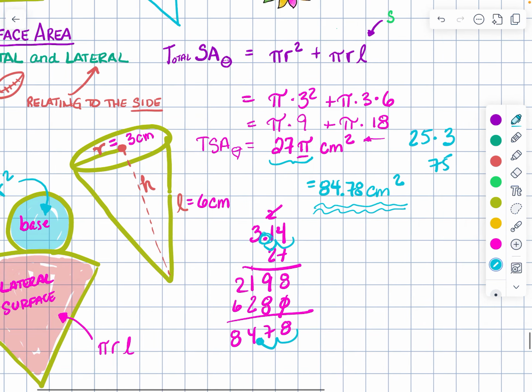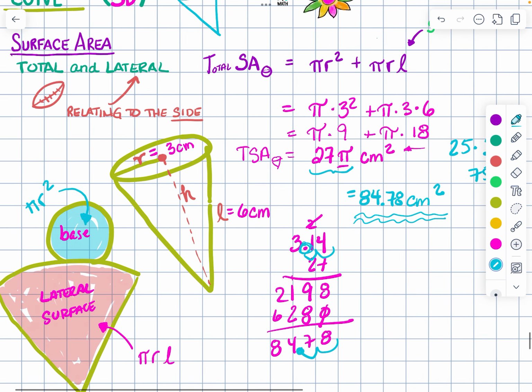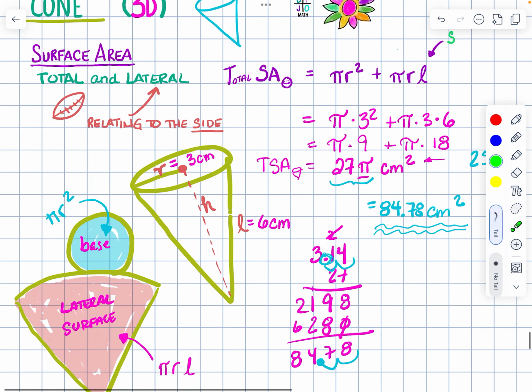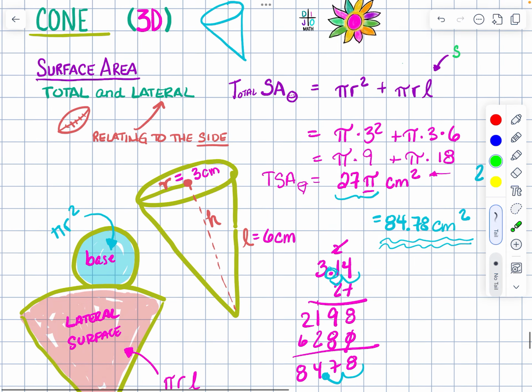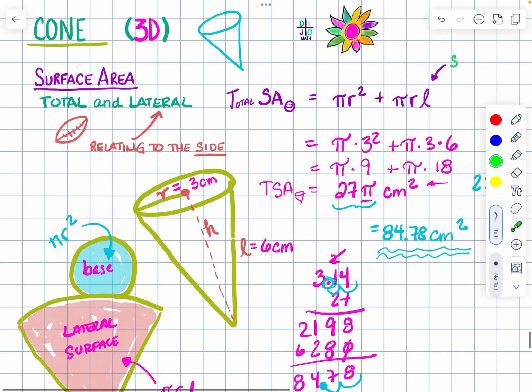Okay? And one other thing I wanted to point out is that it's possible that you're going to be given this height and not this one, but you can still figure it out by using the Pythagorean theorem.